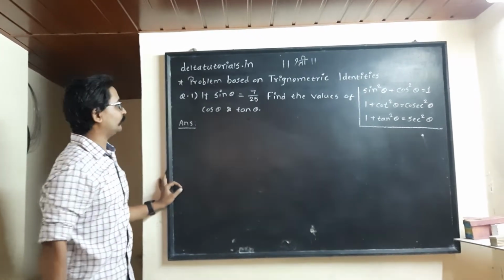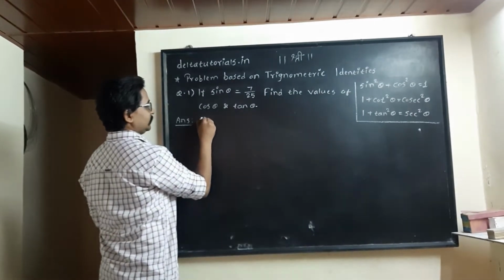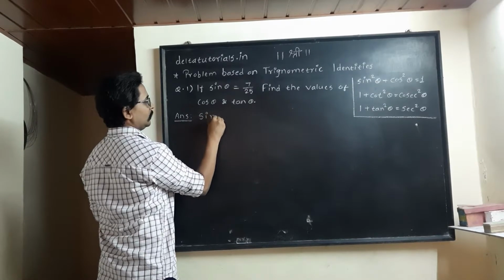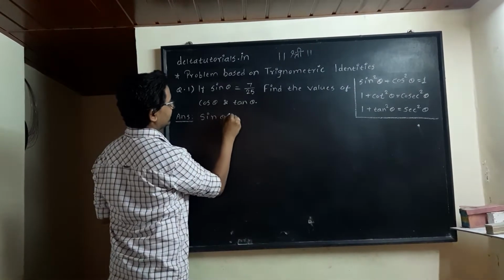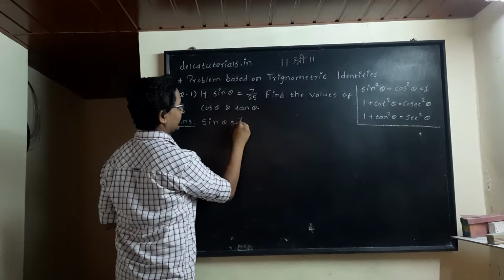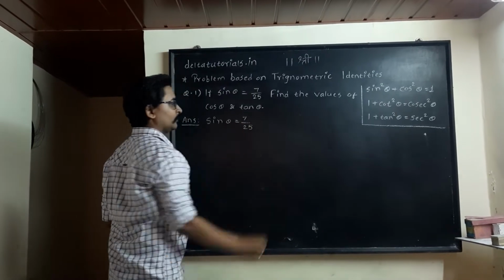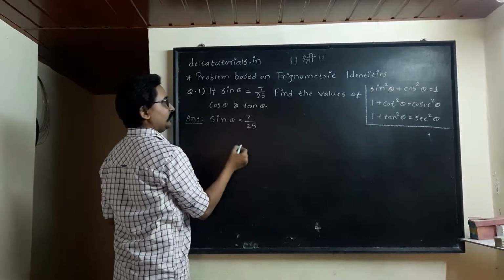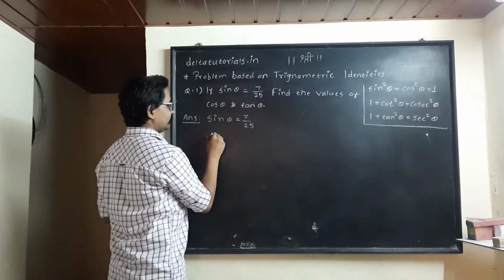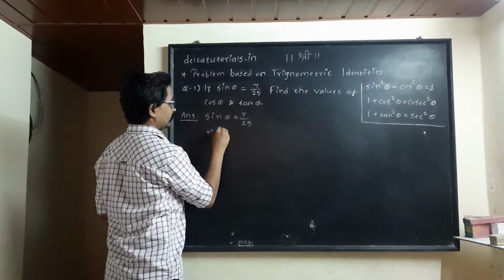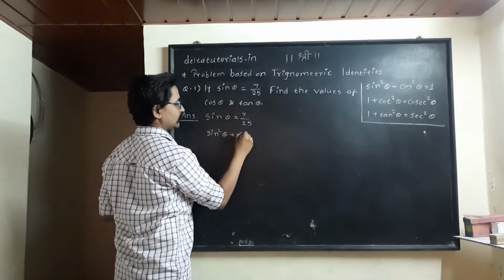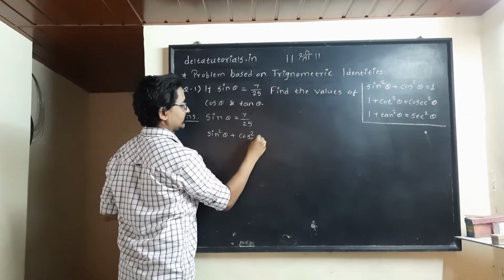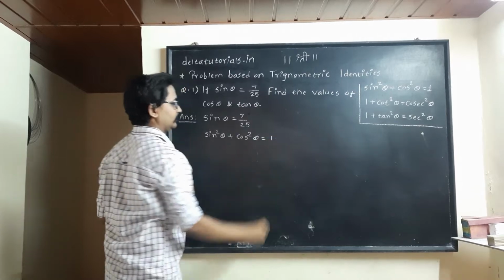So let's move on. Whatever is given in this problem, sin theta, we will write that first: equal to 7 upon 25. So let's use the first trigonometric identity. We will write it in the exam: sin square theta plus cos square theta equal to 1.